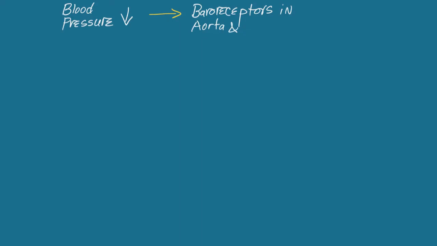Let's use a flowchart to see how the recovery happens. When the blood pressure goes down, it is sensed by baroreceptors in the aorta and the common carotid artery. The word baro means pressure. So these are pressure receptors in the aorta, which is your very large artery, and the common carotid, which is taking blood to your brain.